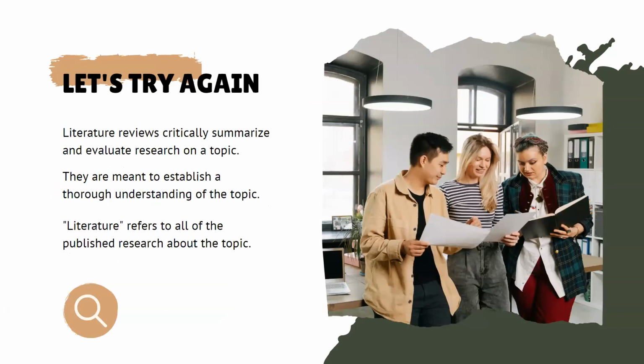A literature review is a document that critically summarizes or evaluates research on a topic, okay? They're meant to establish a thorough understanding of the topic, and keep in mind that literature here refers to all of the published research about the topic, okay? So, meant to evaluate what's out there, help you gain a better understanding of your topic.